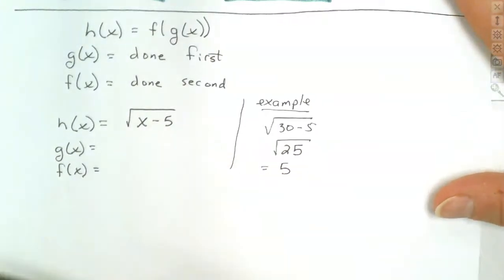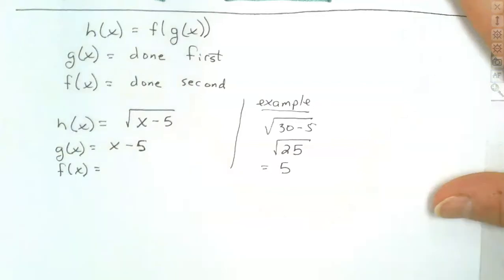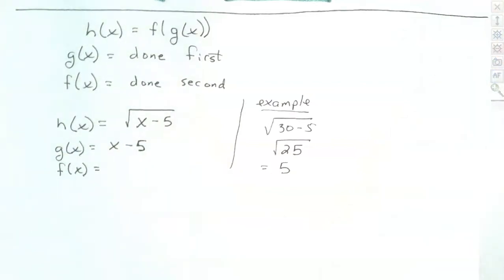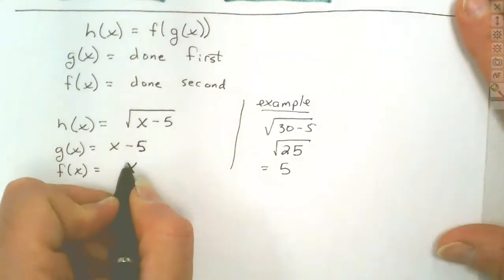We're going to do the same thing over here. What do we do first? What's underneath the root? x minus 5. Okay, so that's first. Order of operations tells us that goes first. Now, what do we still have left to do? We haven't taken that square root yet. And what we do is we bring down an x, because the x is like the storage in your calculator.